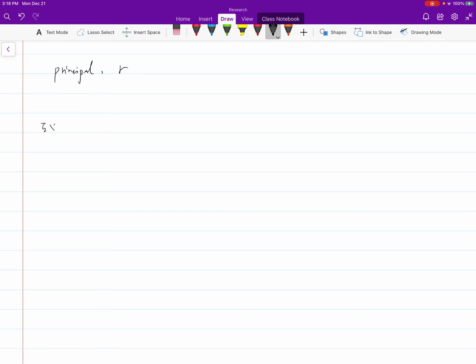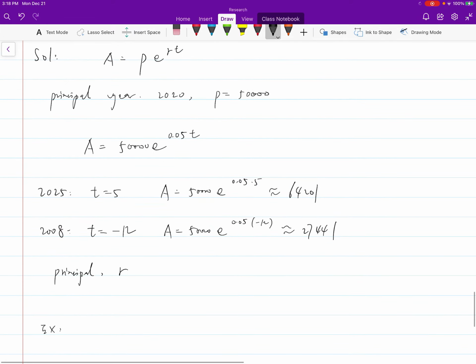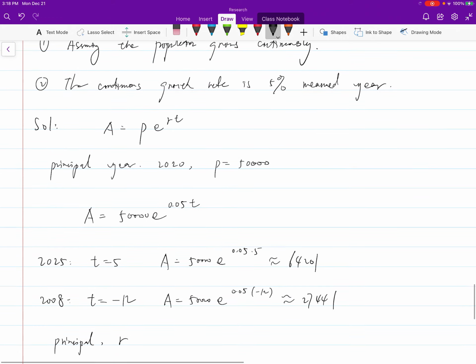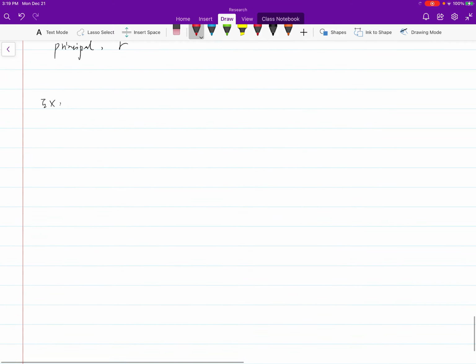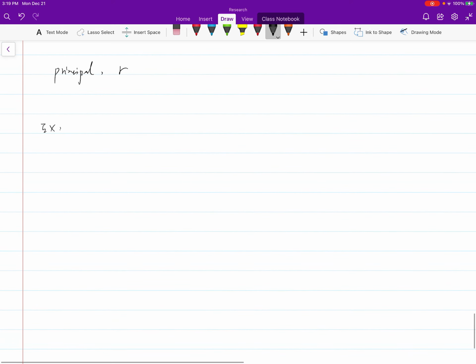Now, naturally, we have a question. These data are all given by the problem, but in real life, you actually start to wonder, how did you get this 5%? You cannot just track people and measure them continuously, right? So instead, what you do is the reverse.